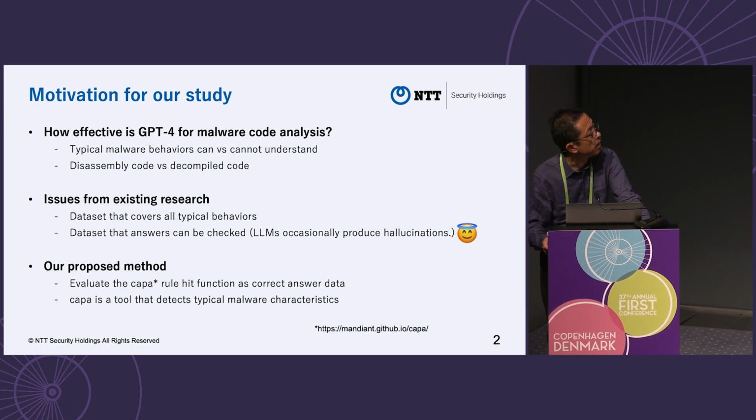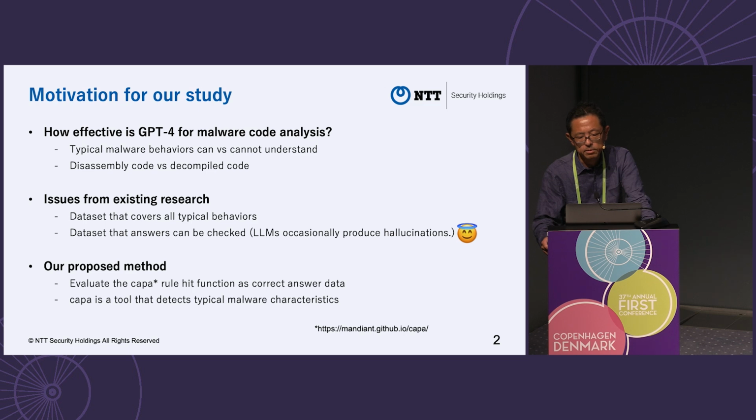We think there are not enough datasets that cover all typical behaviors. And also we think there are not enough datasets whose answers can be checked, because LLMs occasionally produce hallucinations. So in our proposed method, we decide to evaluate the capa rules' hit function as the correct answer data.